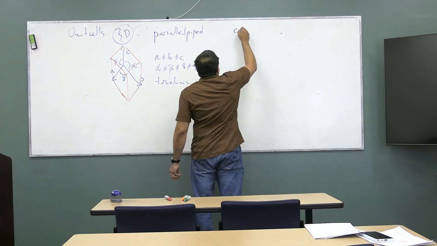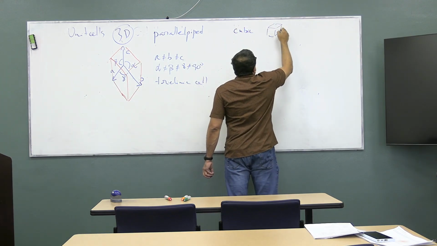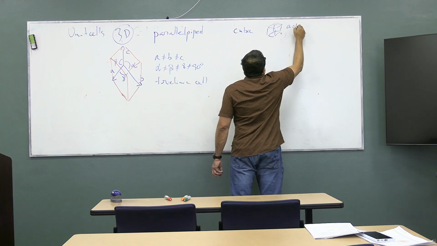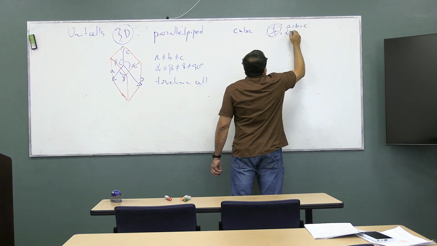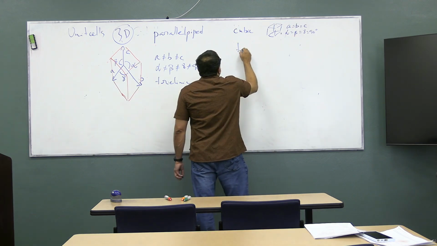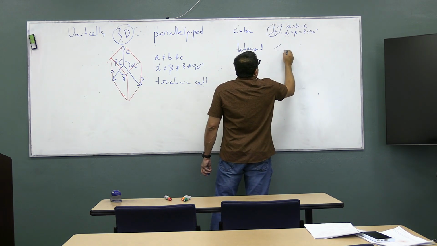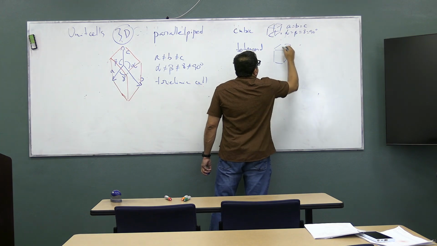We start off with cubic, where A is equal to B is equal to C, and alpha is equal to beta is equal to gamma is equal to 90 degrees. Then tetragonal, where we elongate one of the axes.